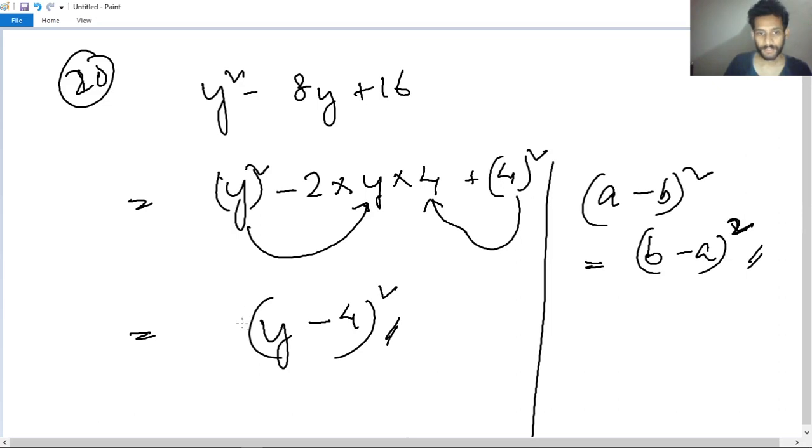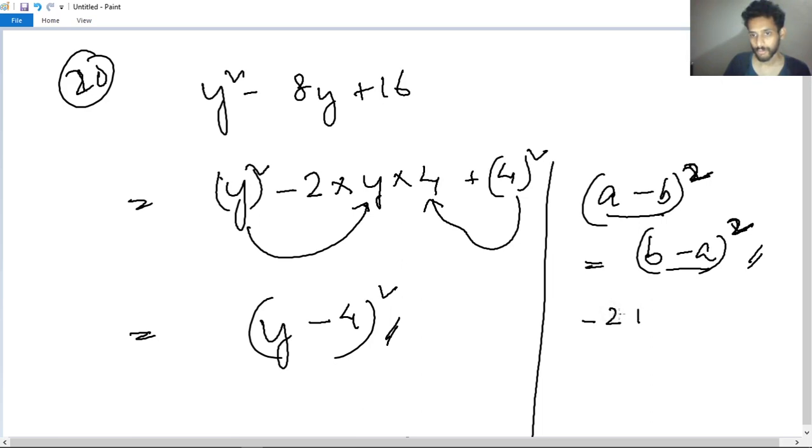If you get the result in this way for a minus b or b minus a, but there is a square, these values are the same. Why is this? Because when there is a square, the minus sign is not considered. The value of the result will be in plus.